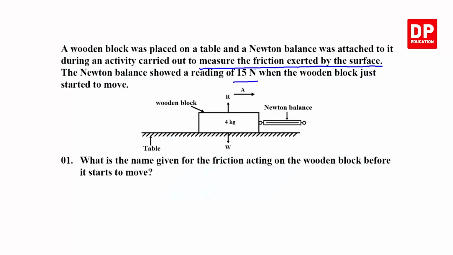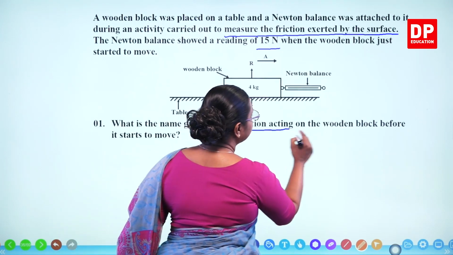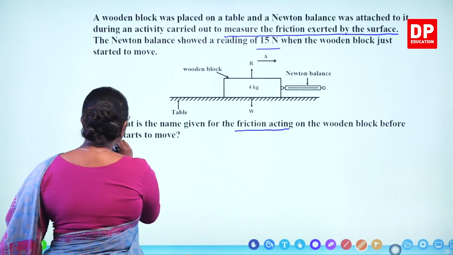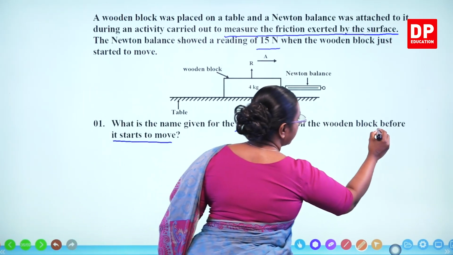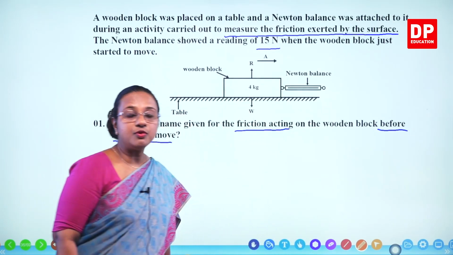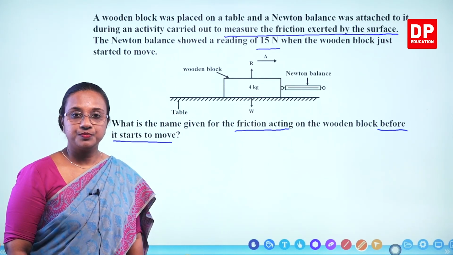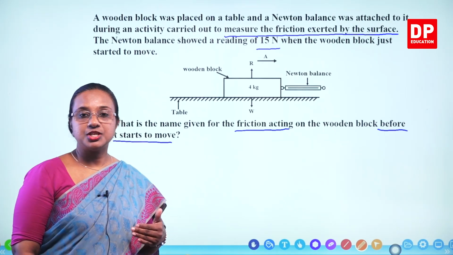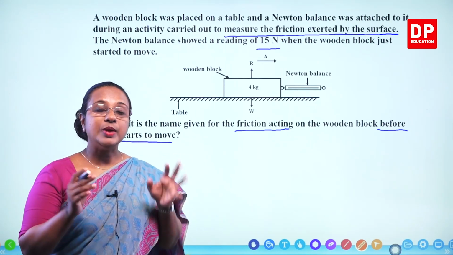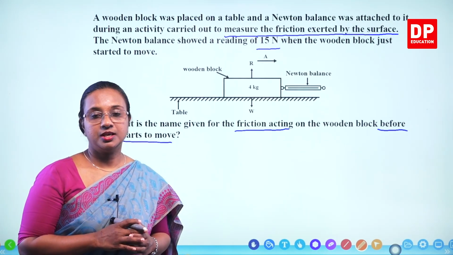First question. What is the name given for the friction acting on the wooden block before it starts to move? Note the word before it starts to move. So, that is the friction acting on the block when it is stationary.